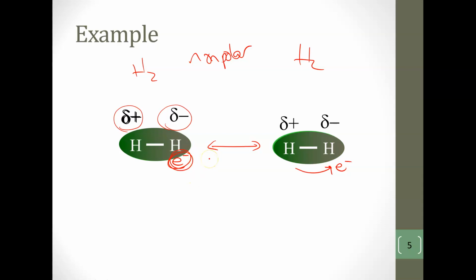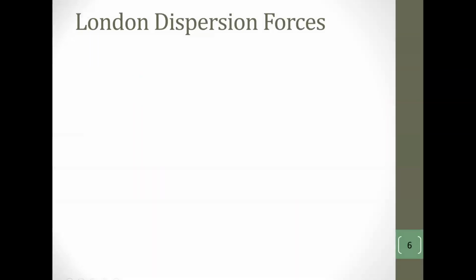And they are going to attract each other because opposites attract, and that is the LDF attractive force. It is temporary. It doesn't last long. It goes away really, really quick, depending on the size of the molecule and the temperature. Okay, so very weak, very short-lived.